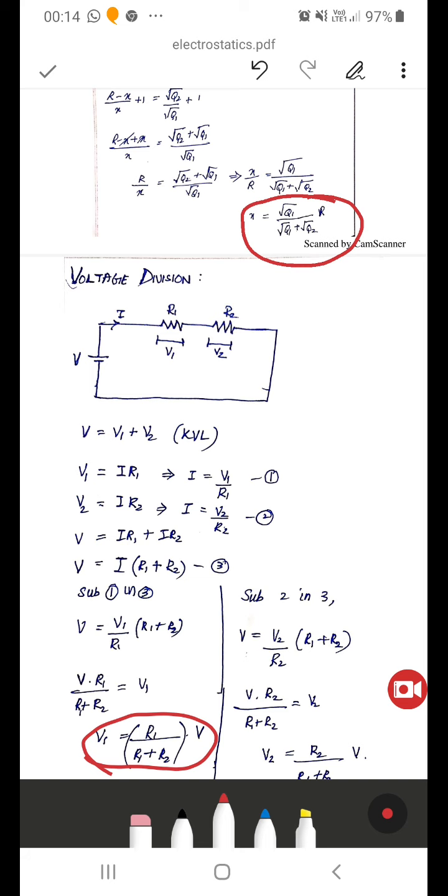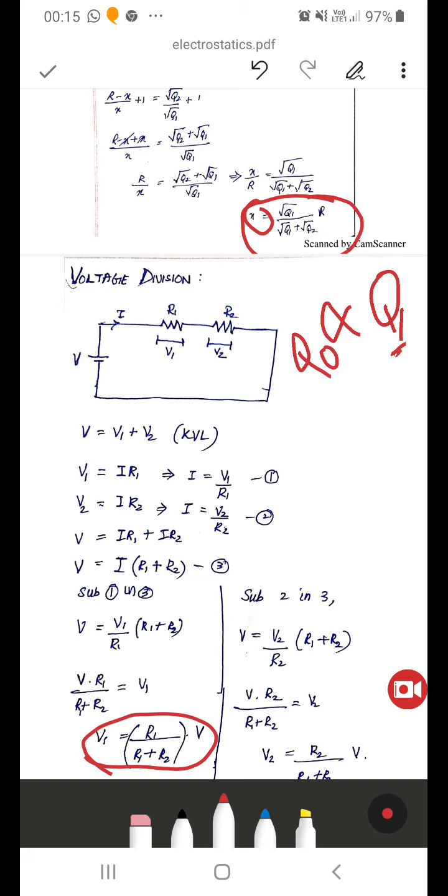In both cases, x is the distance between q0 and q1. So this is similar, x is similar to V1.